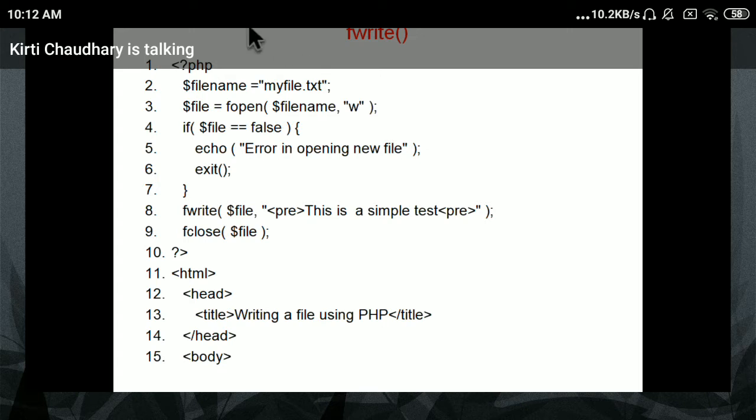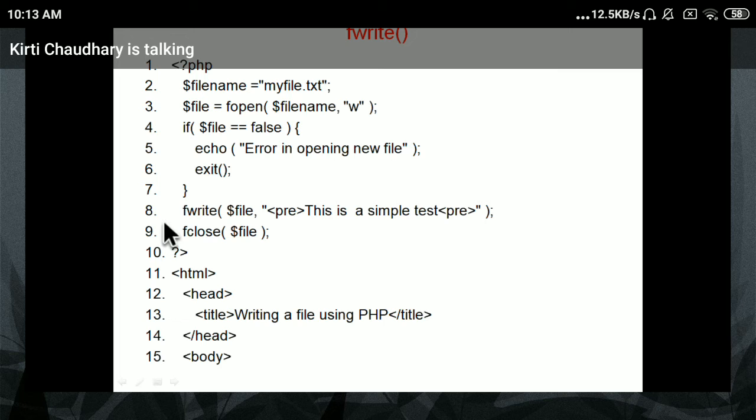Right now I am opening this file for writing purpose. So line number 3 says that the file name, that means this file, will be opened for writing purpose. Its file pointer is $file.